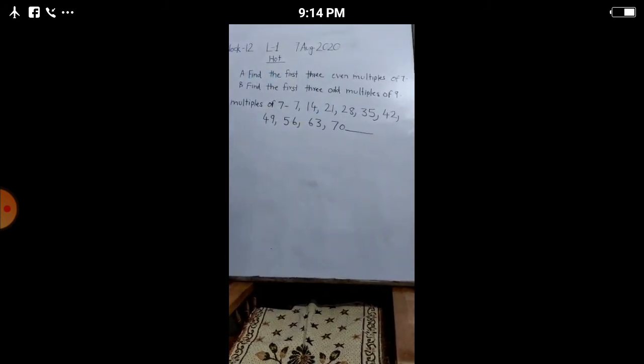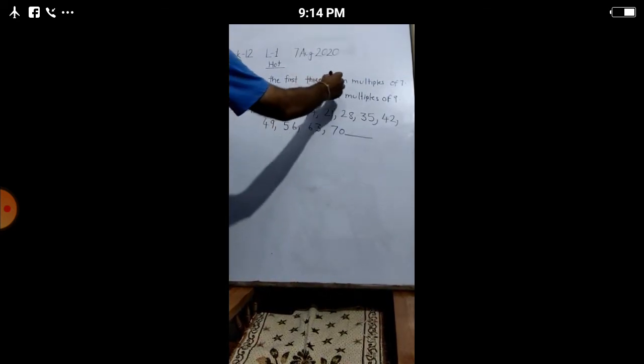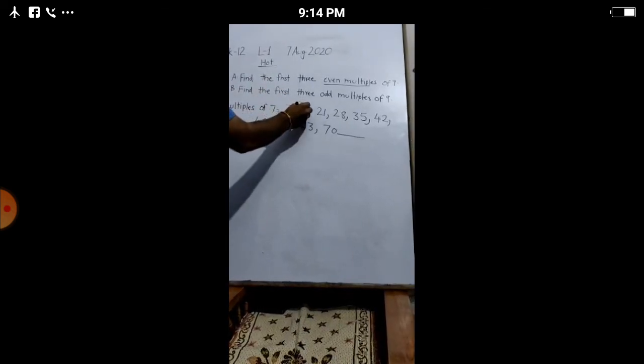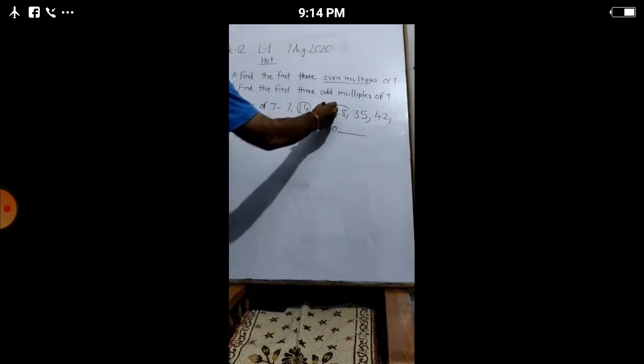Now I am going to sort out the even multiples. So children, do you know what even numbers are? Those numbers that end with 0, 2, 4, 6, 8 are called even numbers. So children, here 14 ends with 4, 28 ends with 8 and 42 ends with 2.